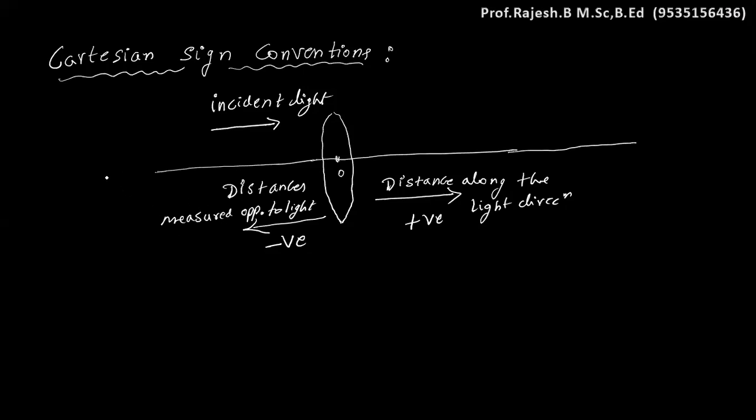Opposite to light direction. And any upward distances can be taken as positive, and any downward distances can be taken as negative.